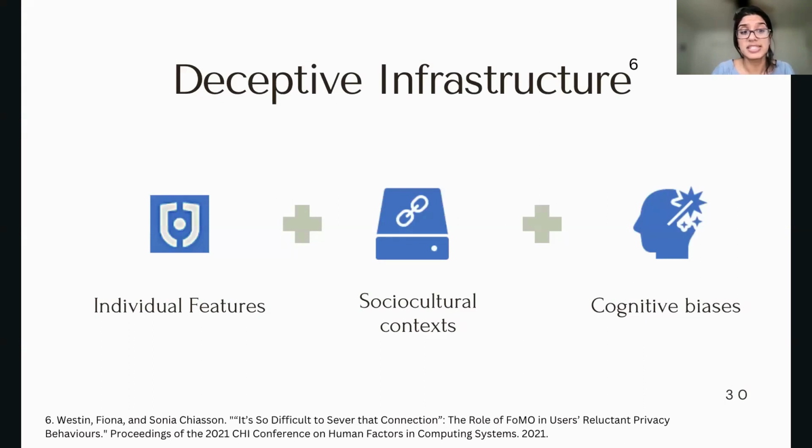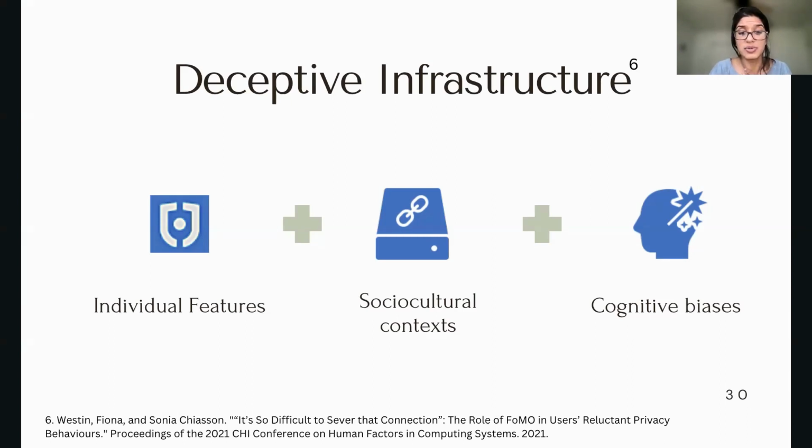In our review of the Citizen app, we observed that a feature-level analysis of deceptive patterns didn't capture the full extent to which the user interface can modify users' choice architecture. And we see this as an example of deceptive infrastructure, where features interact with sociocultural contexts and cognitive biases to create fear and strengthen class and race-based stereotypes.